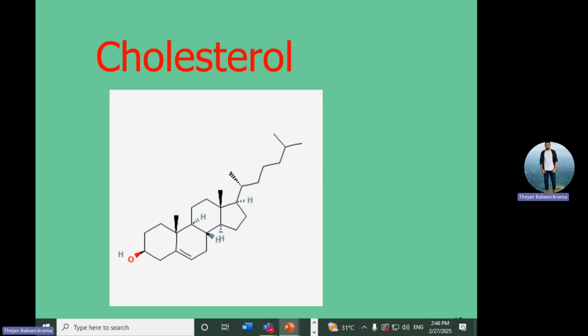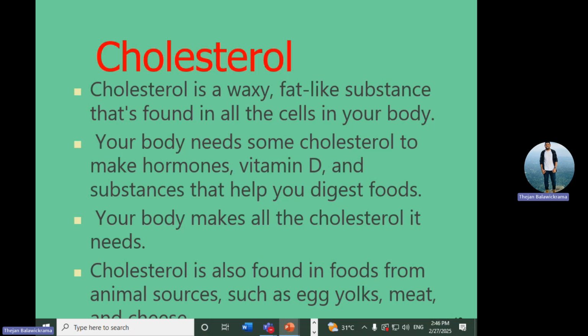So this is something important. We need that. But having too much of that is not that good. So then we have to check. So the cholesterol. Well, speaking of cholesterol, this is a waxy substance, a fat-like substance.